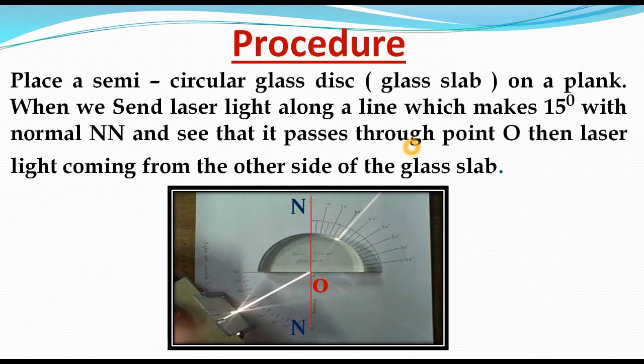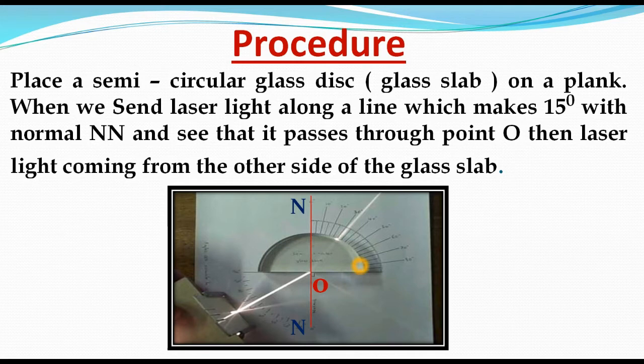Now let us see the procedure of this activity. First you have to take the plank and place the chart or white paper on the plank, and place the semicircular glass slab at the middle of the paper, and draw the border of the semicircular glass slab.